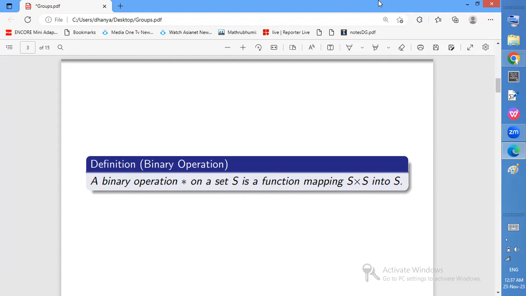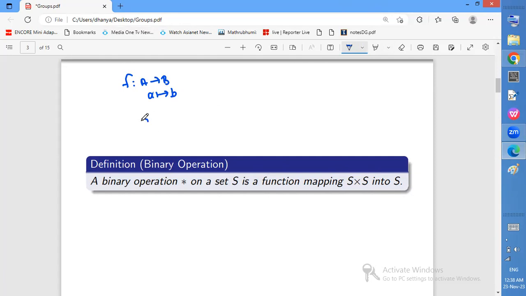So given two sets A and B, a function f from A to B is actually an assignment which assigns each element of A to a unique element of B. So here we are considering functions from the set S cross S to S. What is S cross S?